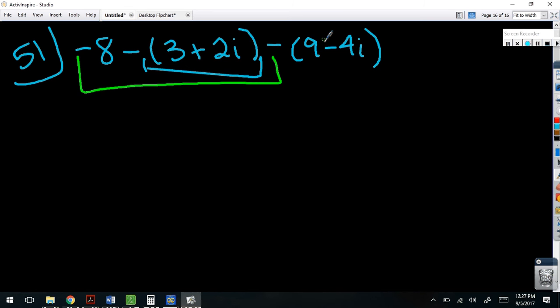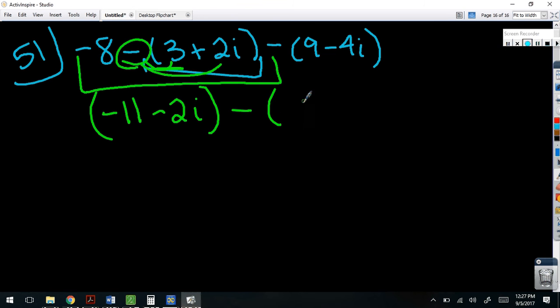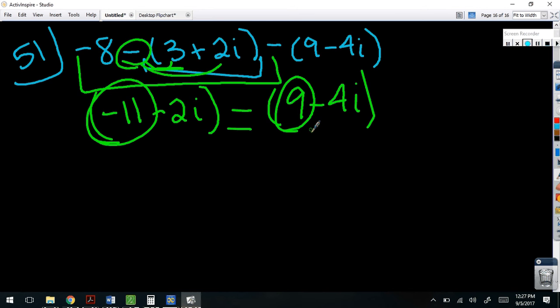So look at the real numbers. Negative 8 minus 3 is what? Negative 11, minus 2i, because this subtraction sign is applying to everything in here. Does that make sense? All right, so now I've got this minus 9 minus 4i. So negative 11 minus 9 is what?